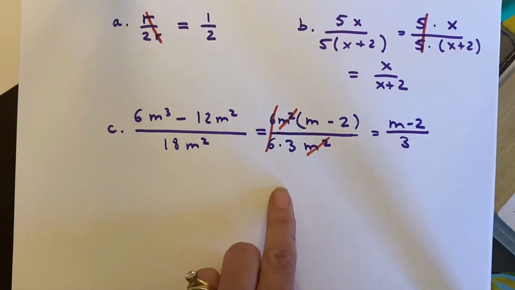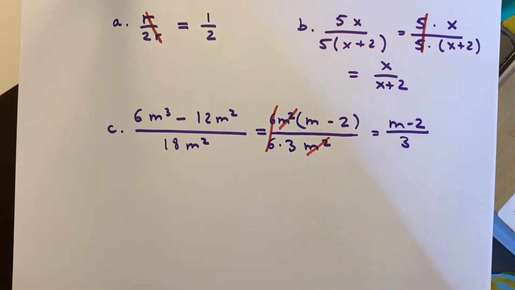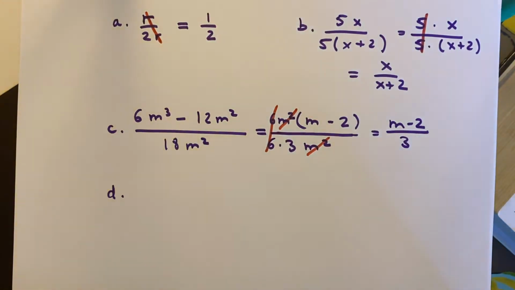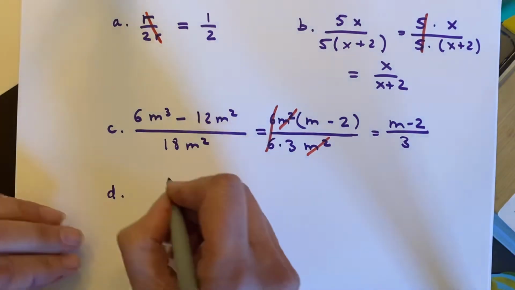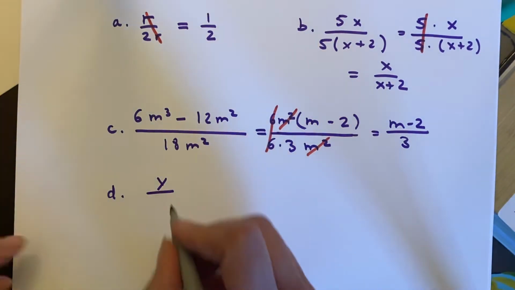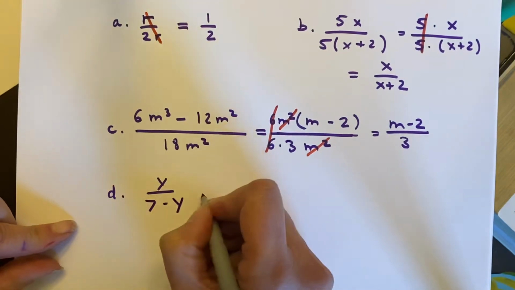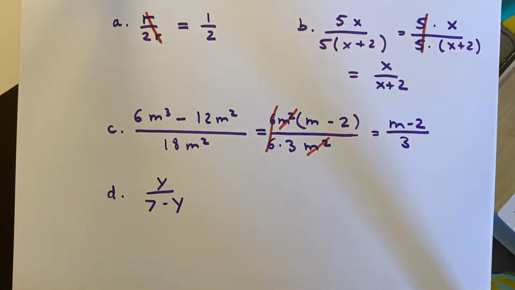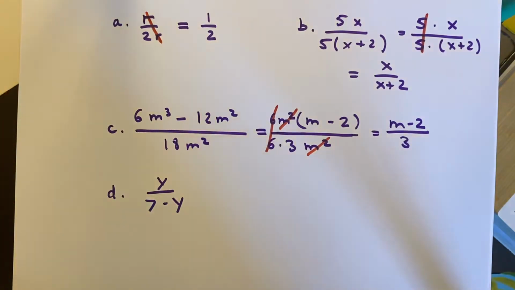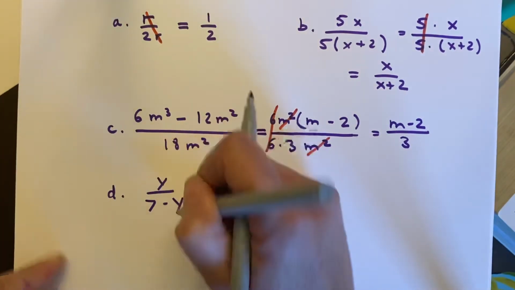Okay, let's look at D briefly, and we'll do 1 or 2 more examples before we move to the next thing. We have the expression y divided by 7 minus y. Now I know, and I see this again and again, many of you are going to be tempted to cancel the y's.